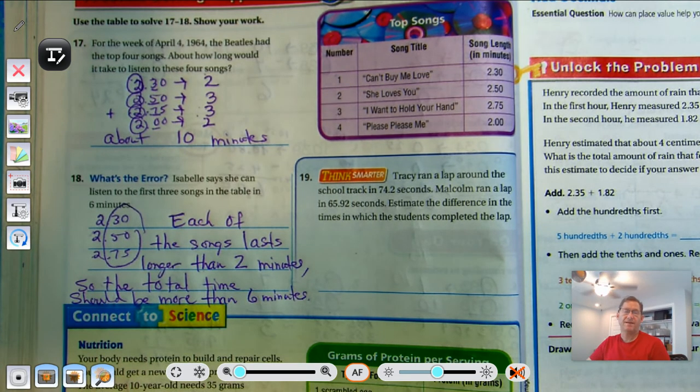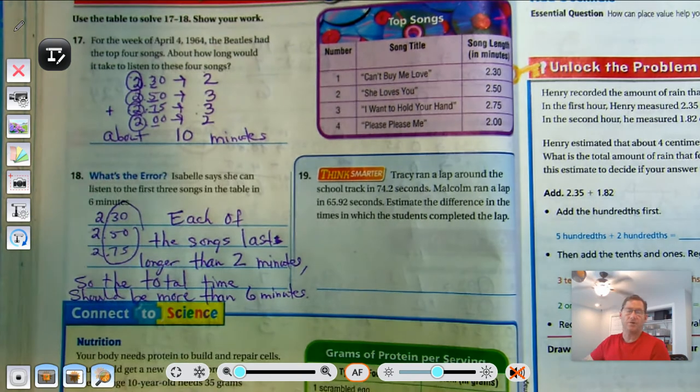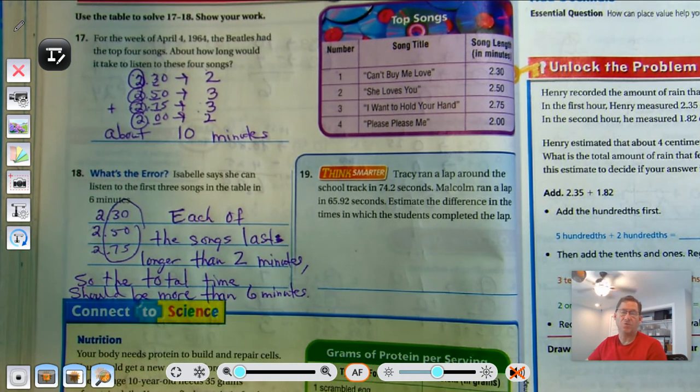Each of the songs lasts longer than 2 minutes. So the total time should be more than 6 minutes.